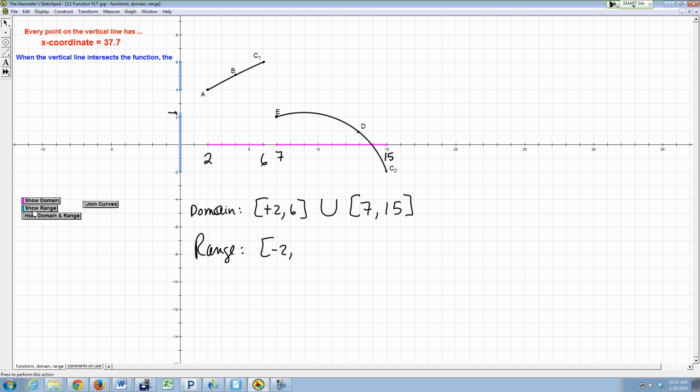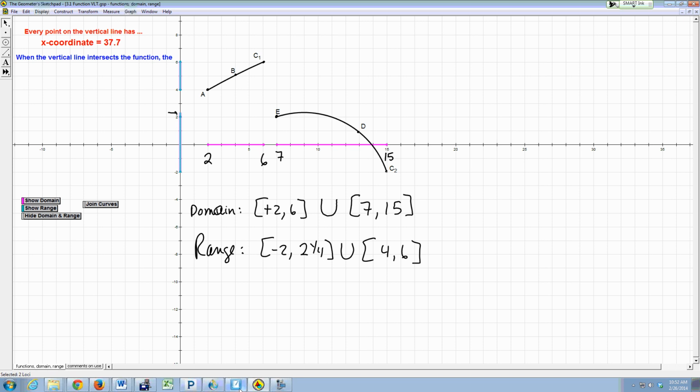Let's call that, what, 2 1/4 or something? We'll guesstimate. Then it stops. There's nothing between 2 1/4 and 4. So we union that with 4 to 6. So that's our range. Any questions on domain and range and how you would, from looking at a graph anyway, how you would actually express the intervals for the domain and the range?